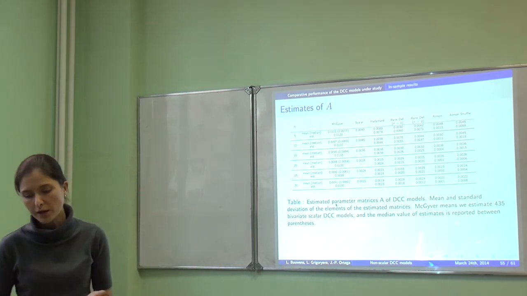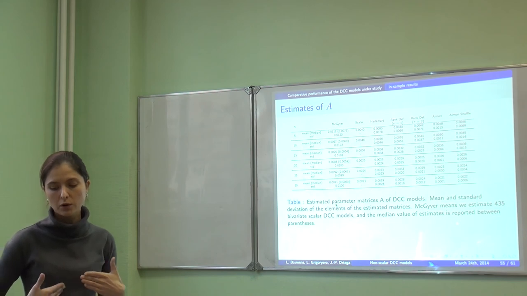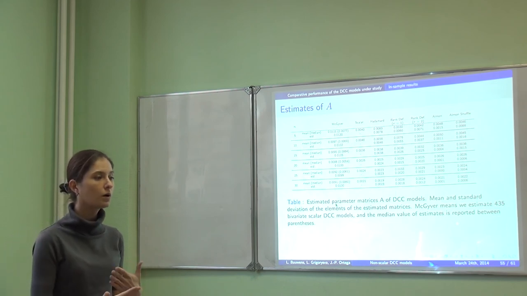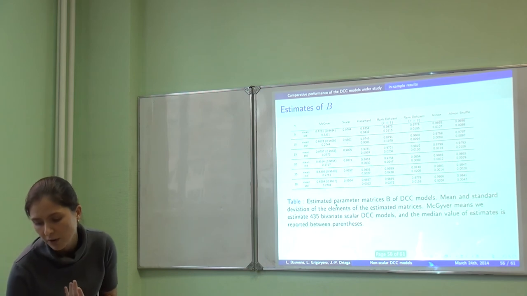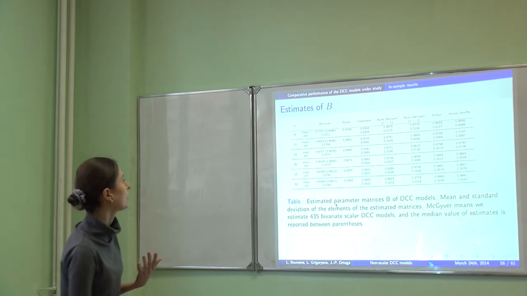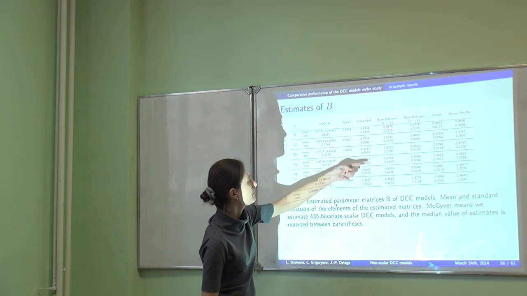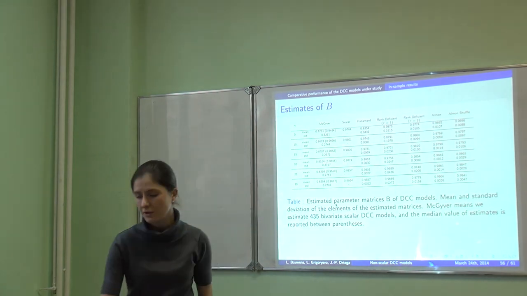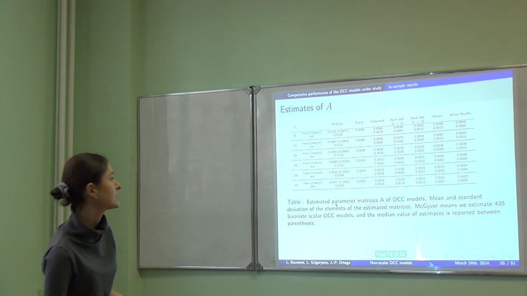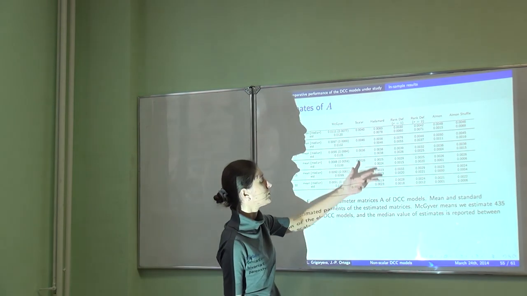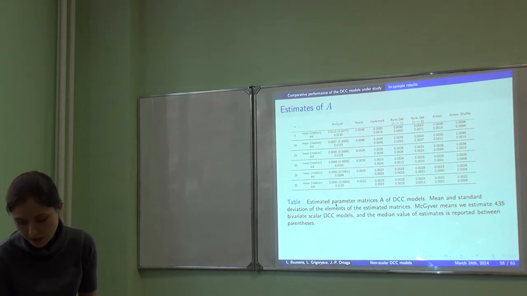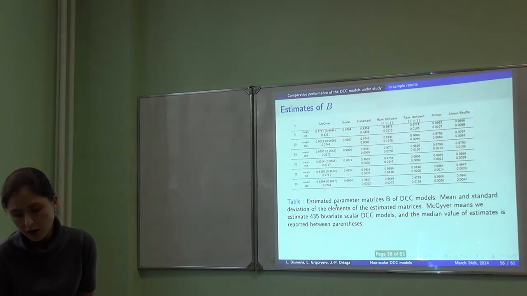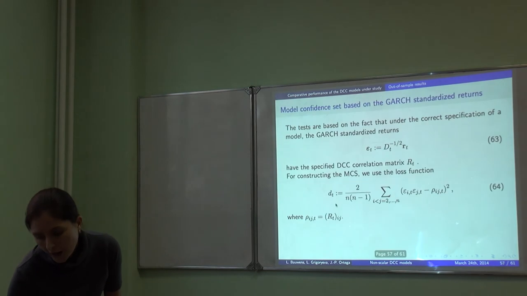And that's why now we are trying to put this method to work with other kinds of models, which don't have this problem of presence of bias. Here you see that for parameters B, the values always grow with the dimension, and for parameters A, we always have something that goes to 0 with the growing dimension. In our empirical study, we took just 30 assets. We just show that it can work up to dimension 30.